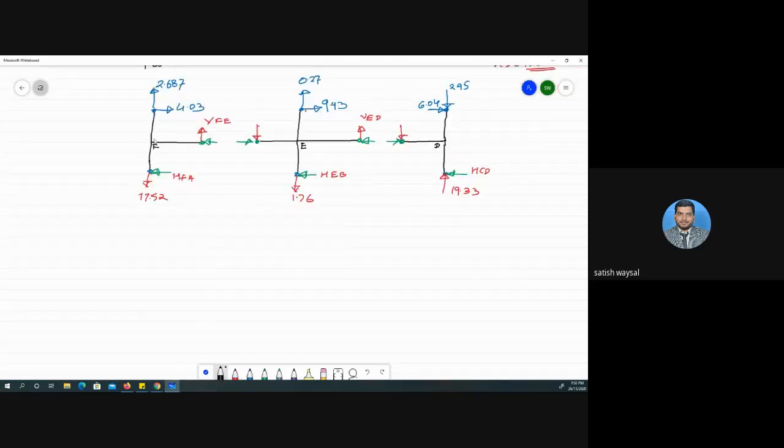Okay, what is remaining here? One force of 40 kilonewton, which is acting over here. Above distance is 2 meter, below distance is 3 meter. This is 3 meter, this is 3, this will be 4, 4, 2, 2, 3, and 3.